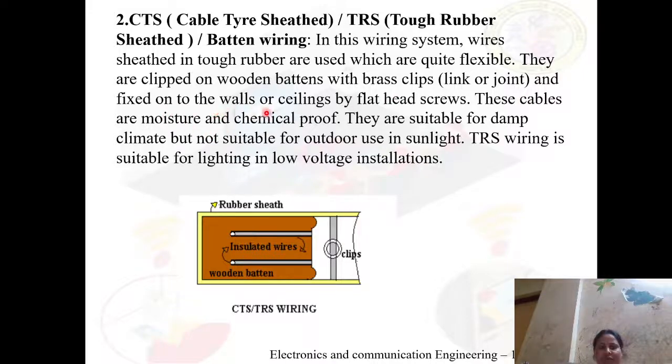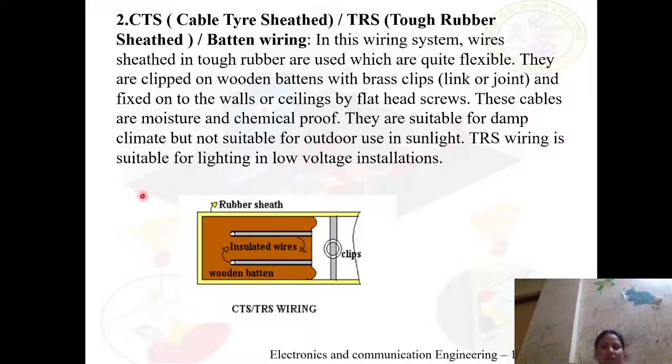They are fixed on the walls, or also on the ceilings, by flat head screws. These types of cables are moisture and chemical proof. They are suitable for damp climates, and they are not suitable for outdoor usage, mainly in sunlight.